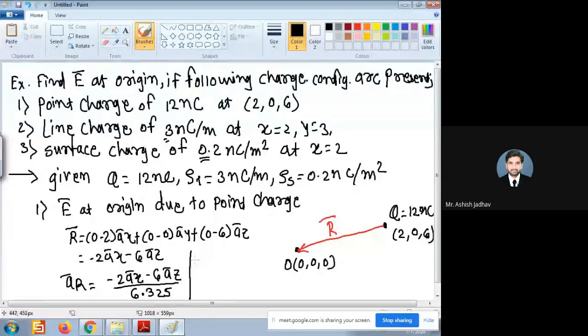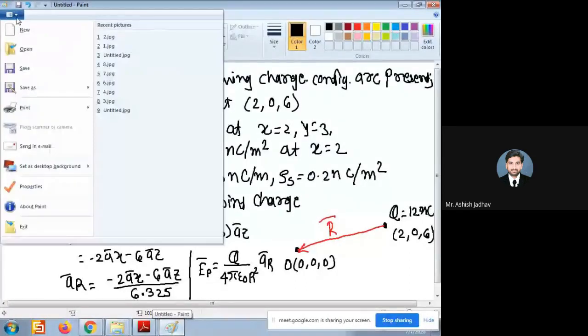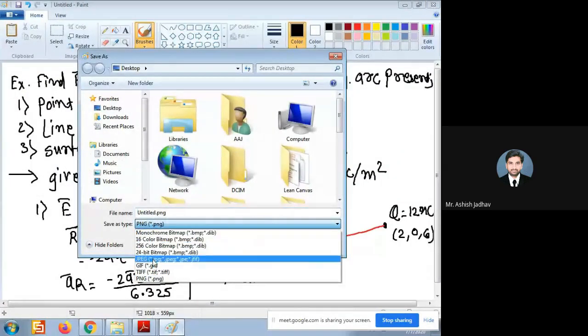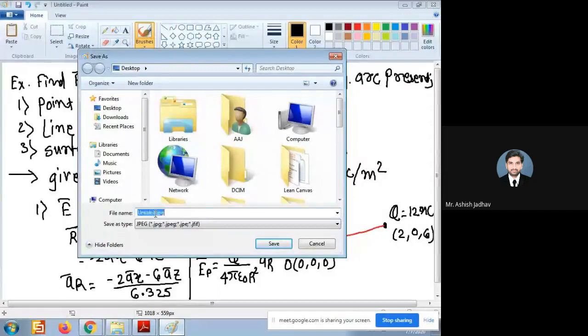Because I want to use the formula EP bar is equal to Q upon 4 pi epsilon naught r square a bar r. So this formula you need to use. Can someone calculate and tell me the answer if possible? We have solved a lot of such examples.